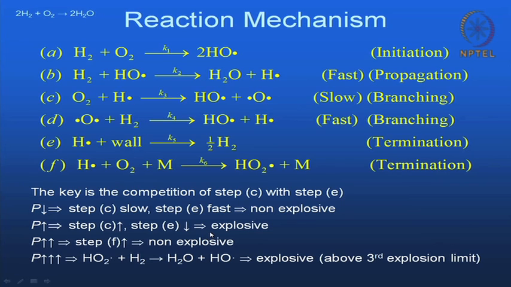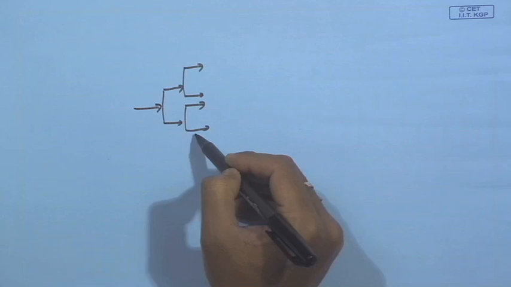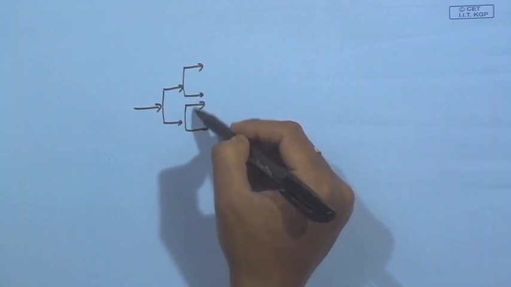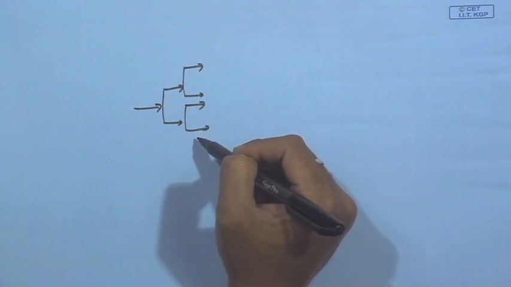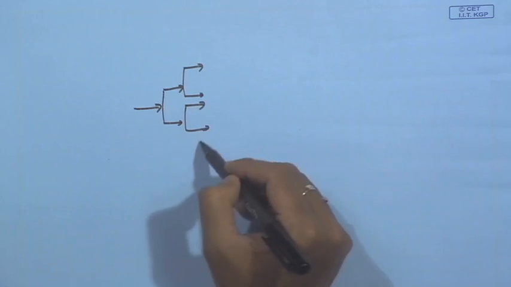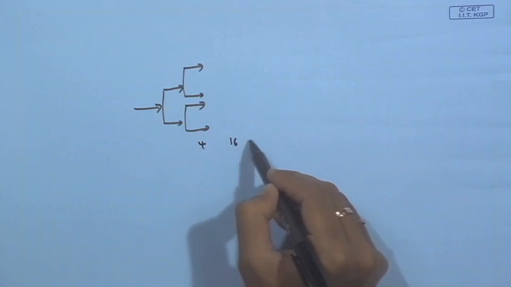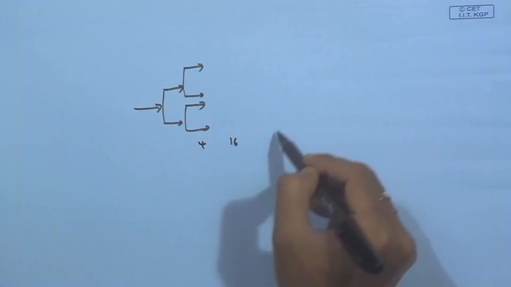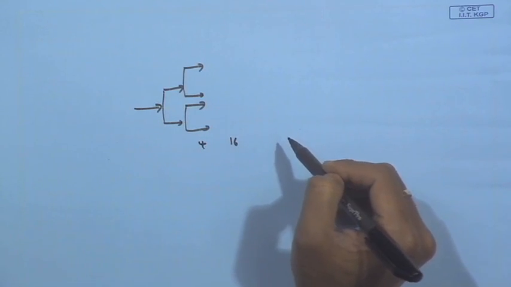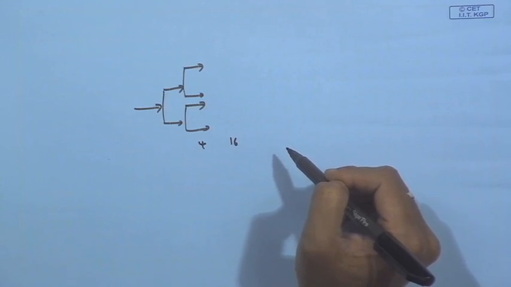So, it will be an explosion situation. That means branching will take place. At the moment branching takes place, you will be getting an enormous number of chain carriers. So here it is 4, then it will be 16 and so on. It will increase very rapidly like an exponential function. Therefore, this will lead to explosion.